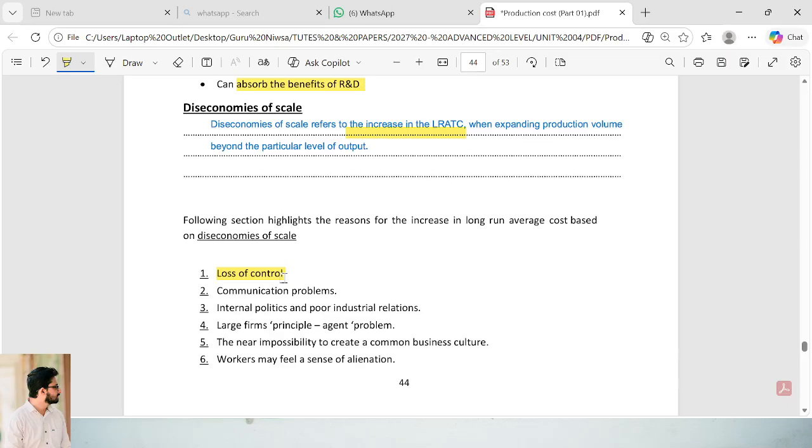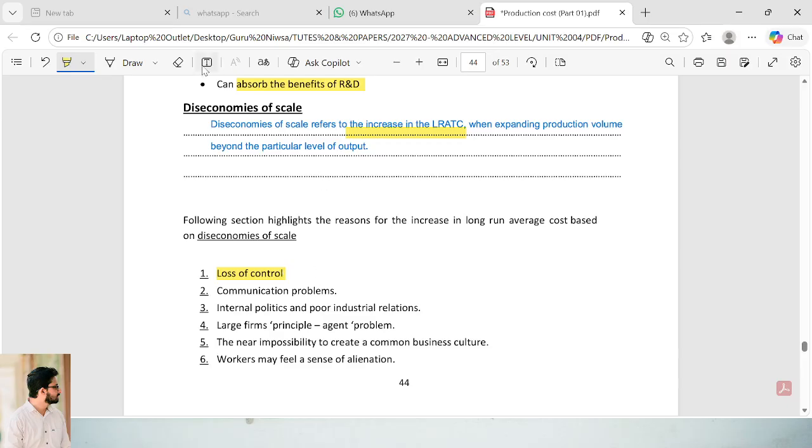Buddha, it doesn't mean that they are making losses. Don't get me wrong, don't make your own conclusion. They might earn profit. It's not about profit. Profit means the difference between cost and income. Here we are talking about cost, long run average cost.